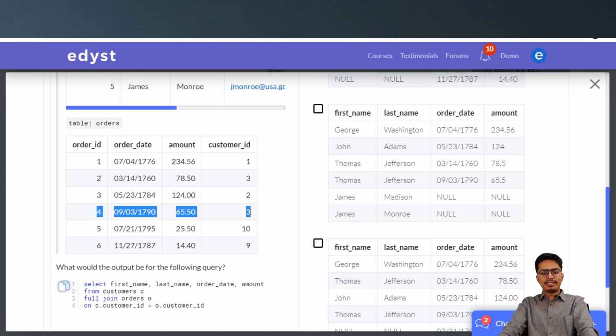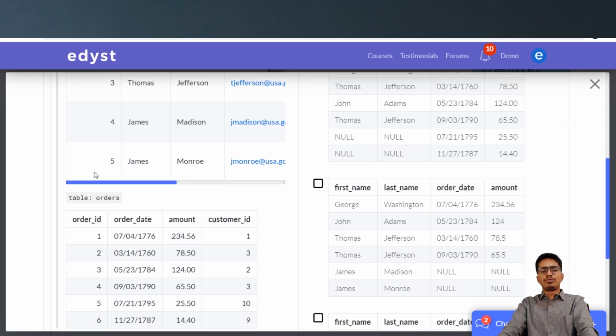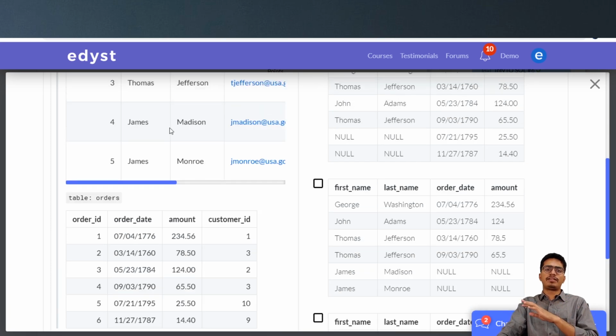And you would see that these two orders, number 5 and 6, can't match with any customer here. So if that is the case, then these two rows would be included in a left join, and these two rows would be included in a right join. The values to the left would be null, here the values to the right would be null.